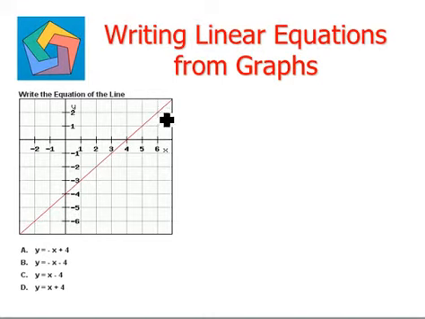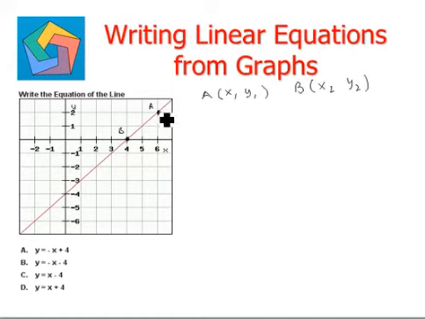Let's take this point and this point. Let's name them point A and point B. Point A has coordinates x1 and y1, and point B has coordinates x2 and y2. From the graph we can easily see the values of x1, y1, x2 and y2.